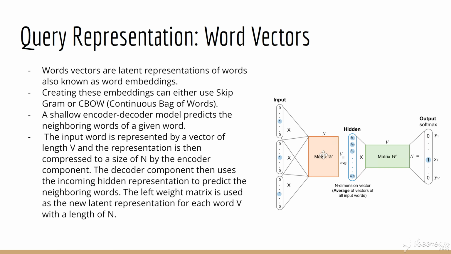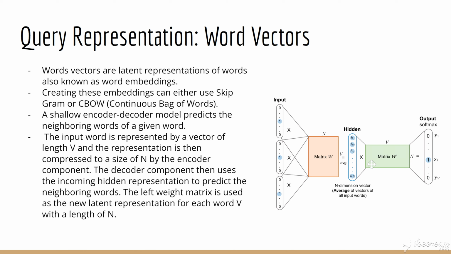This hidden vector is just used as a pass-through state for us to do the compression and then decompression, or encoding and then decoding, of this data. Now what happens is we then use one of these matrices as the embeddings for each of the given words, and we call this a word vector.